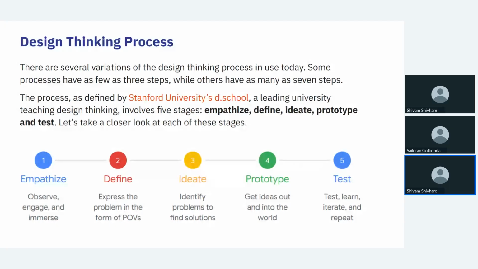By observing things, we can state the problems we are facing by defining them. Next is the ideate phase, where you identify problems to find solutions. By finding all the problems, you can think of a solution for every problem. The solution can then be resolved through the prototype stage.